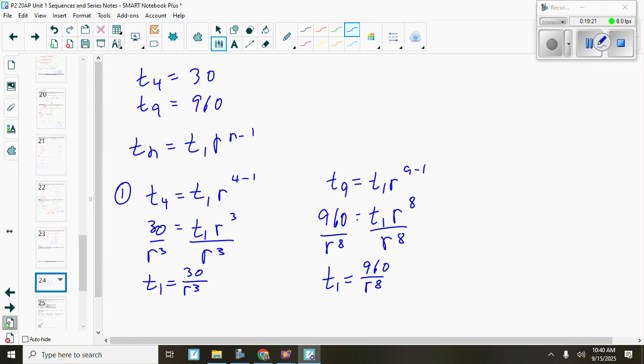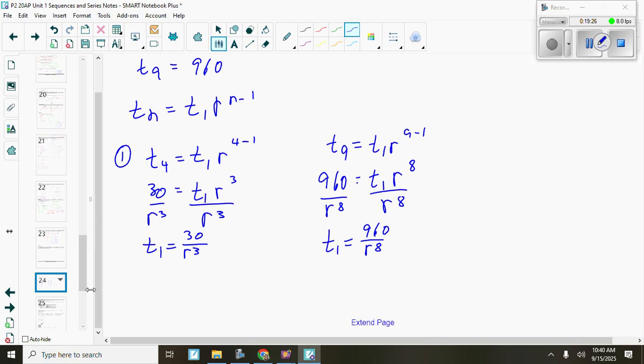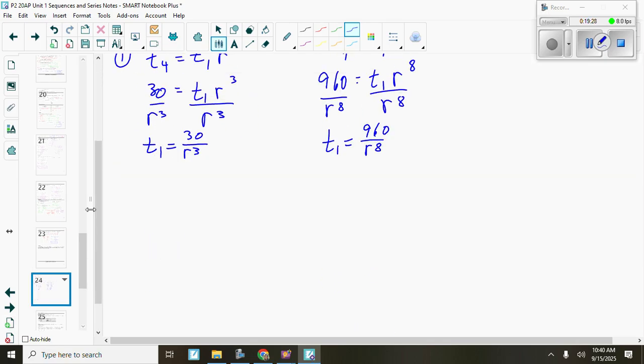You just say T1 is equal to T1, so this is equal to this. Don't forget, when you have 2 equal fractions, these are equivalent fractions, so you would cross multiply. So 30 r to the power of 8 is the same as 960 r to the power of 3.